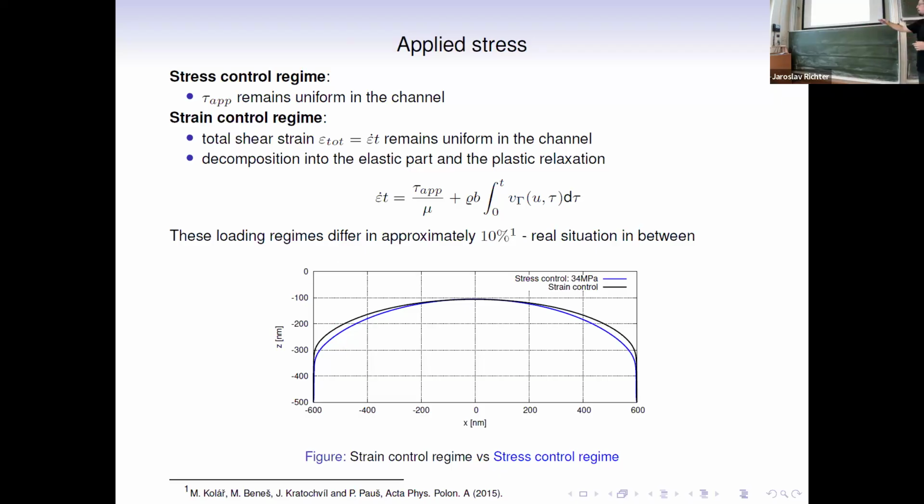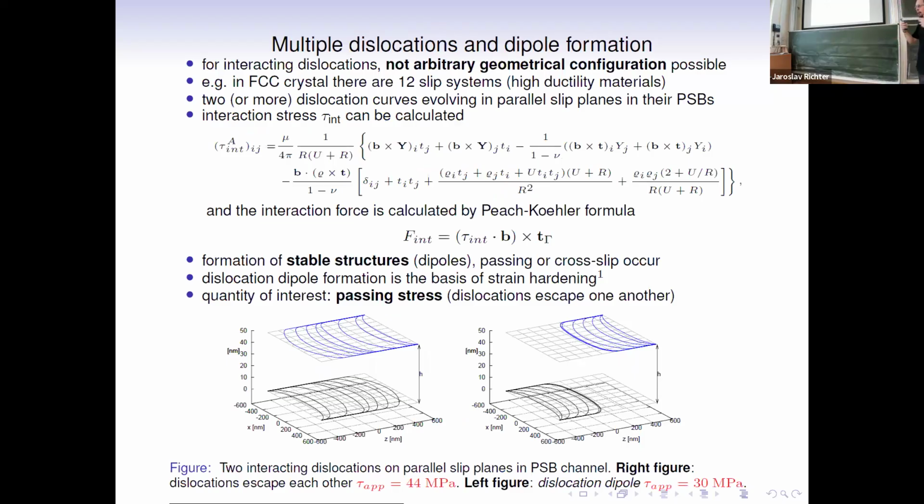The message is that for a small number of dislocations, we express the applied stress like this. For a huge number of dislocations, the community typically uses uniform applied stress because it is very easy and convenient for parallel computing and so on.